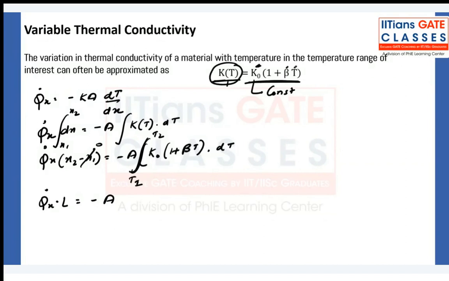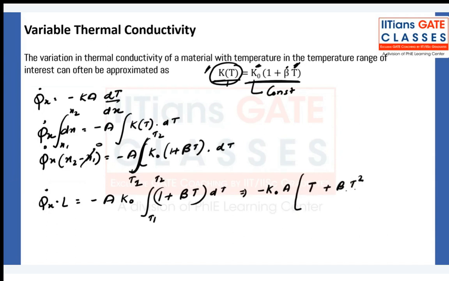So conductivity is a function of temperature. I can take K naught outside, and the integration of (1 plus beta T) dT from T1 to T2. Now I can write it as minus K naught A by L. When I do the integration, I will get T plus beta T square by 2, from T1 to T2.